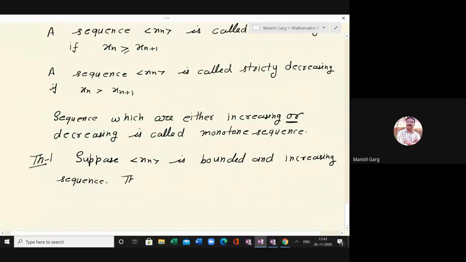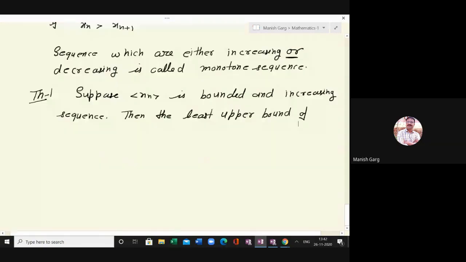Then the least upper bound of the set S. What is the set?